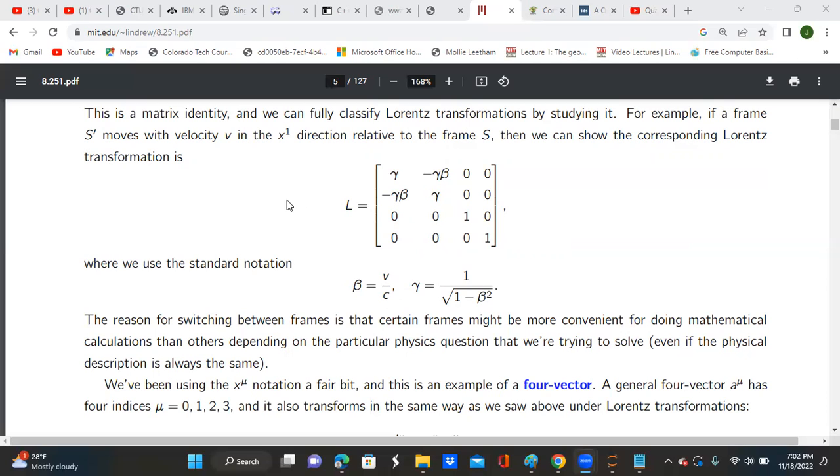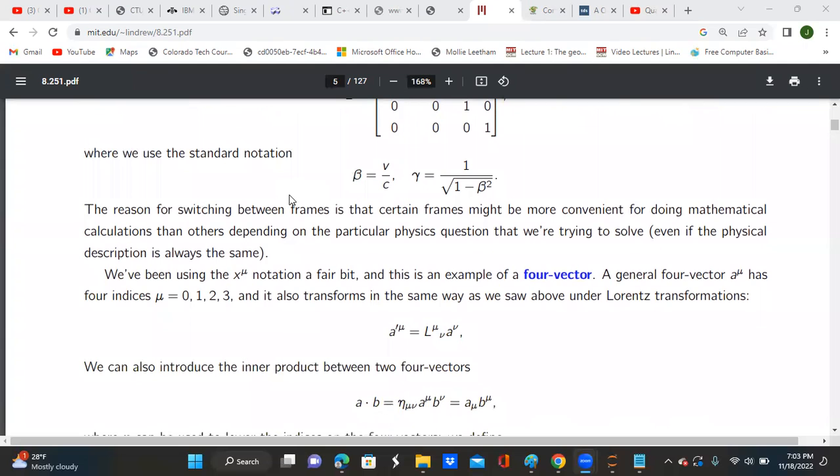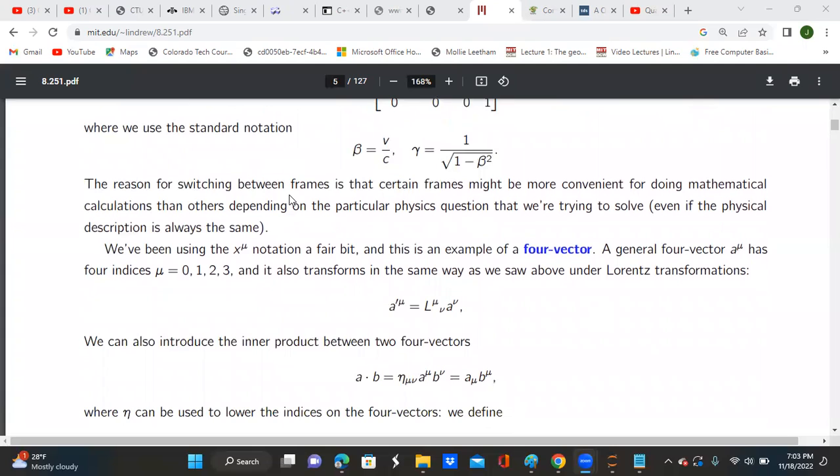Λ equals gamma, with 1 down the diagonal, and then offset, the first element in the second column would be negative gamma beta, and the second element in the first column is also negative gamma beta, and the rest is sparse, has zeros. Where we use the standard notation, beta equals v over c, and gamma equals 1 over the square root of 1 minus beta squared.